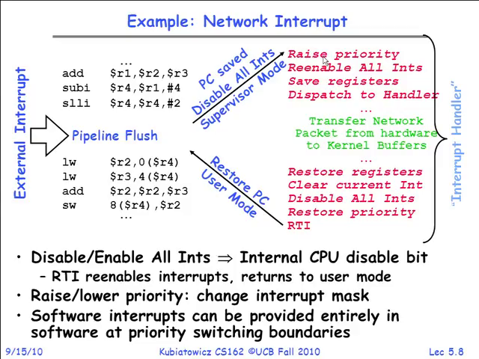So the idea of raising priority is you only mask out things that are of a similar nature and same priority. That allows things of higher priority to interrupt you in the middle. So if your interrupt got interrupted, it would do the second interrupt, then come back, finish your first interrupt, and then go back. Exactly. If the interrupt got interrupted, we'd do the higher priority one, return to the lower priority one, then return to the base level.